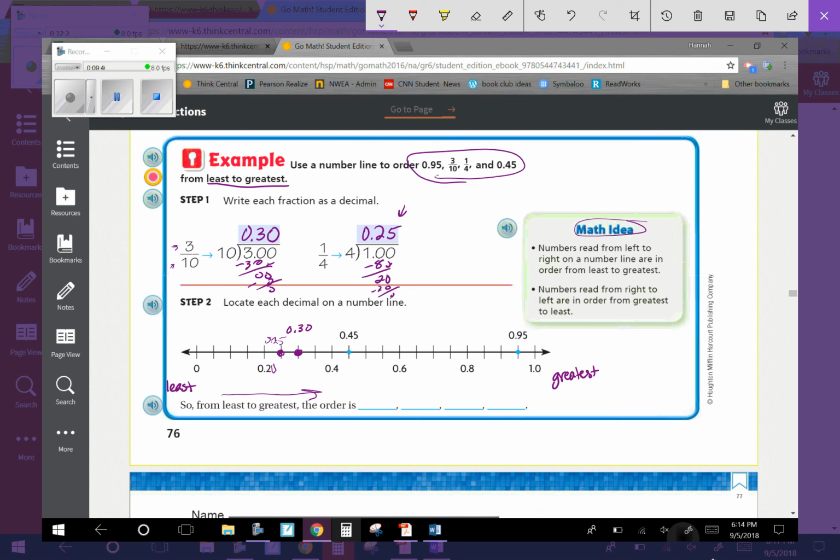I'm going to look at what my original fraction was, which is 1/4. Then the next one on my number line is 30 hundredths, which was originally 3/10. Then I have 45 hundredths, which I can write as a decimal because that's what they said to order. And then I have 95 hundredths last.